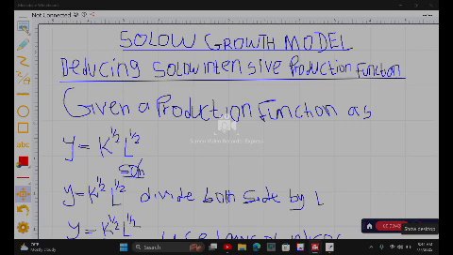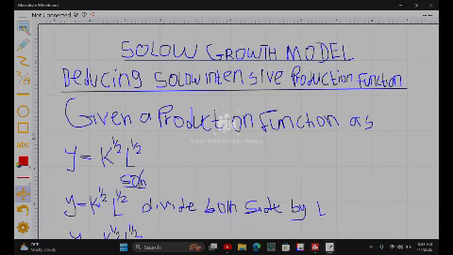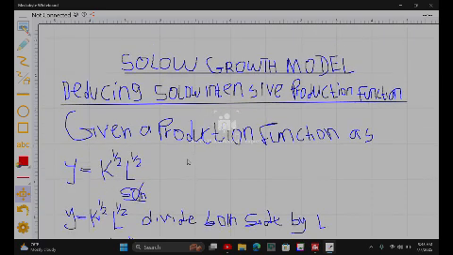So first of all, let's assume you've been given a production function. And let's assume the production function is given as Y equals K raised to the power half, L raised to the power half. Here you should remember that K is capital.